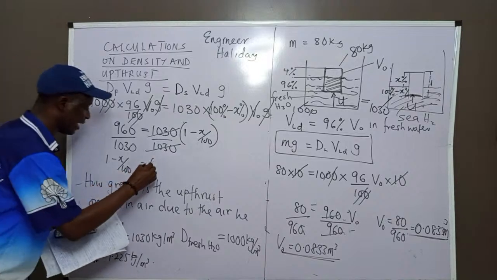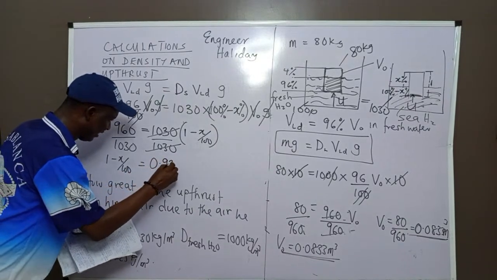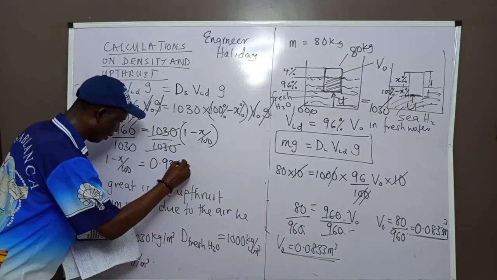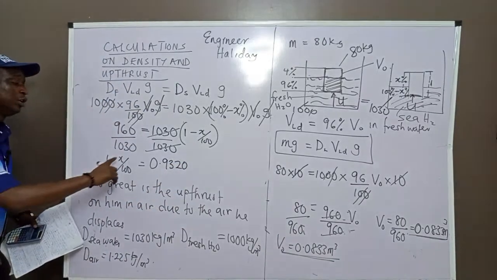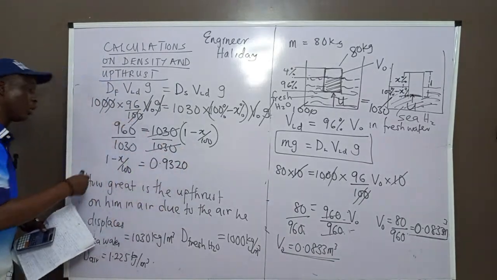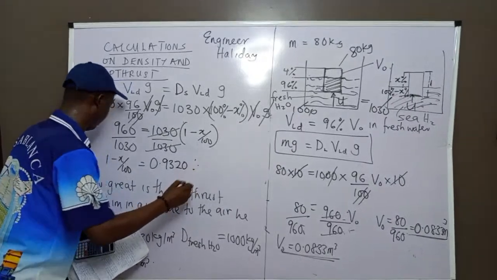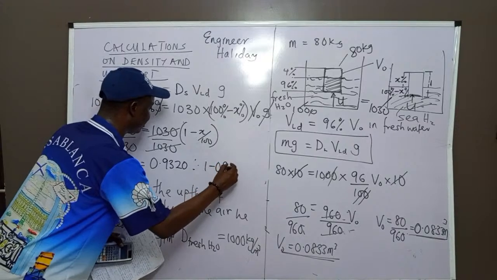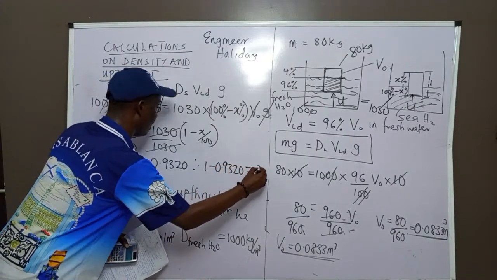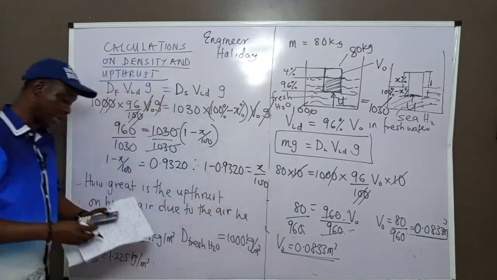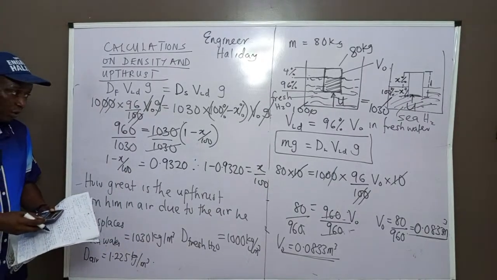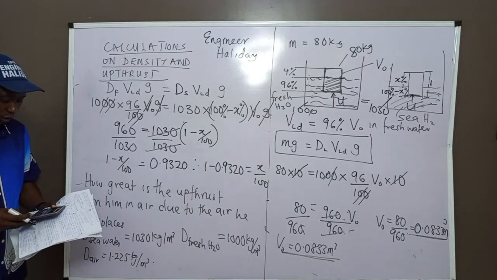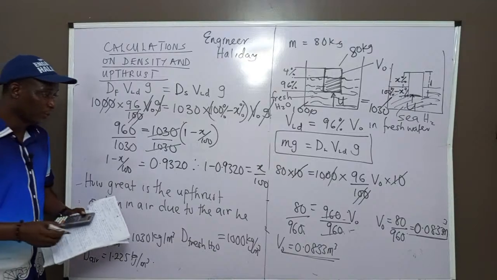We have about 0.9320. Now, what do we do? Take this one to the other side and bring this one here. I want to have 1 minus 0.9320 equal to S over 100.